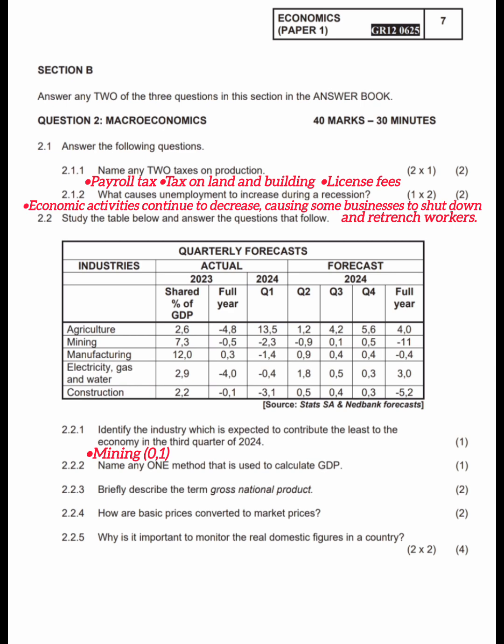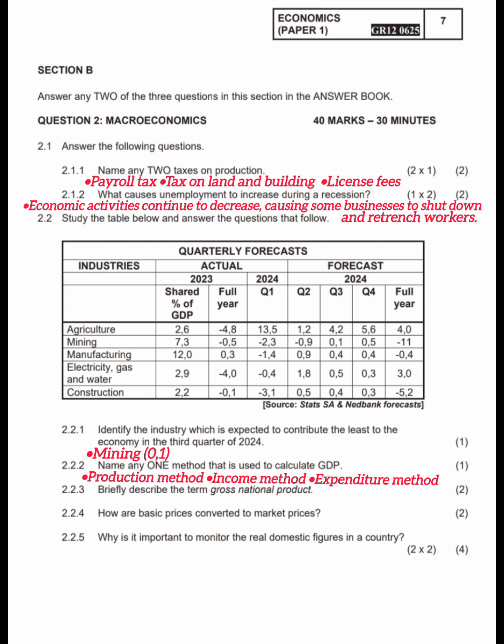And then 2.2.2, name any one method that is used to calculate GDP. So by now we know that we have three methods to calculate GDP, which are the production method, income method, and expenditure method. So here they only need you to write one method, so you could choose one of the three methods that you know, right?